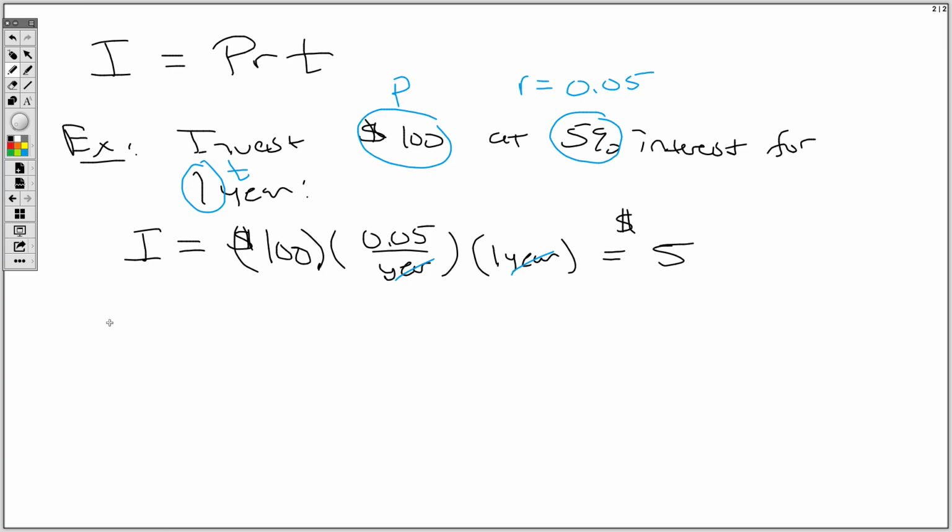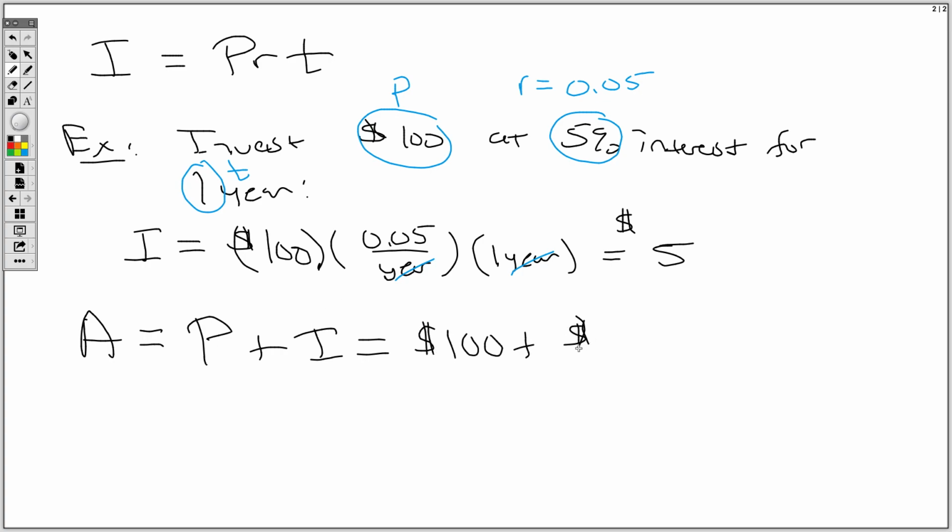So the amount that you would have after 1 year would be the principal plus the interest you accrued. So that would be the $100 plus the $5, which is $105. Now, at this stage, there were times when I taught this class when 5% wasn't a ridiculously high interest rate. Today, I think I checked, it's like 0.5% if you're lucky at this point.